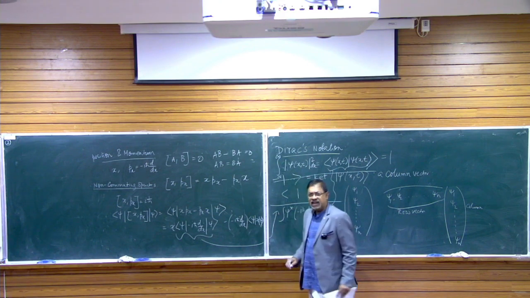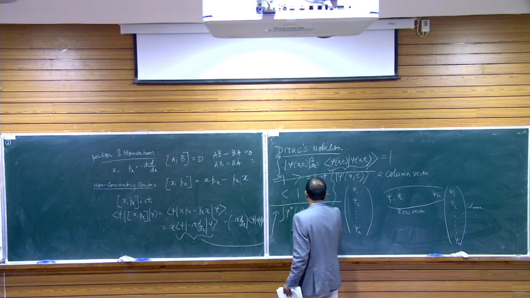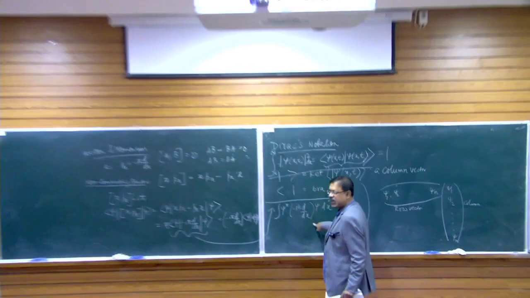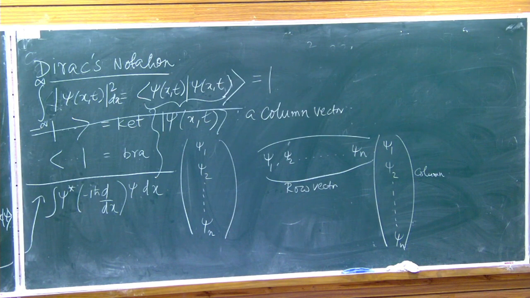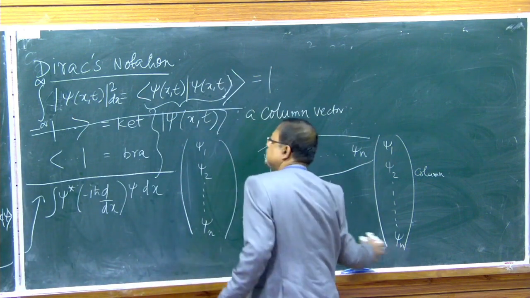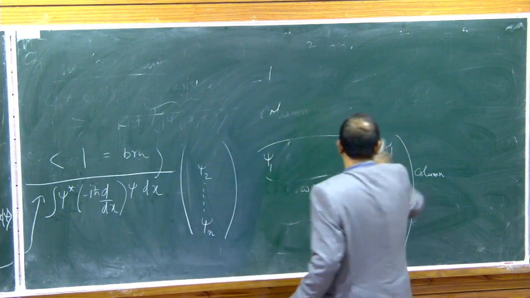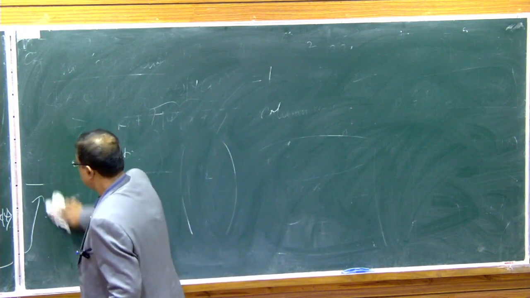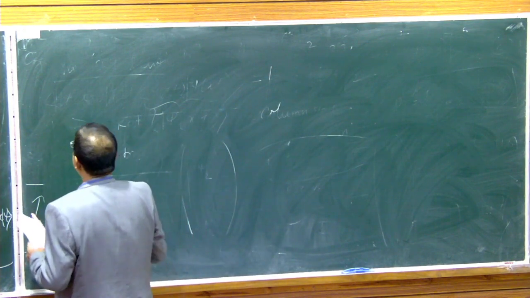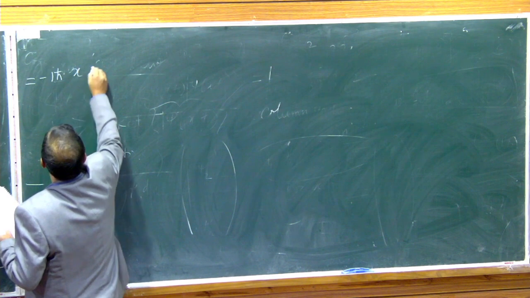You can call it del x because usually it's written as del x, but since it's one dimension, we know that del x and d/dx would be the same. So this is equal to minus iħ x d/dx.